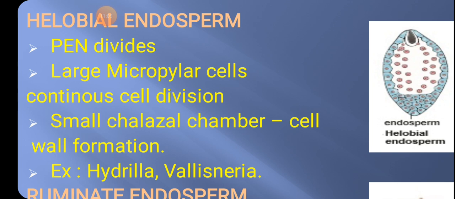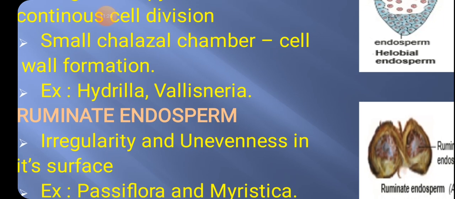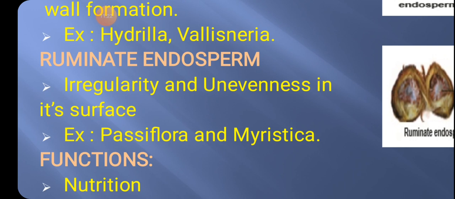So at one end cell-walled cells are present, and at the other end only free nuclei are present, so two types of cell forms are present. It is called helobial endosperm. Examples: Hydrilla and Vallisneria, which are water-living plants, in which the helobial type of endosperm is present.